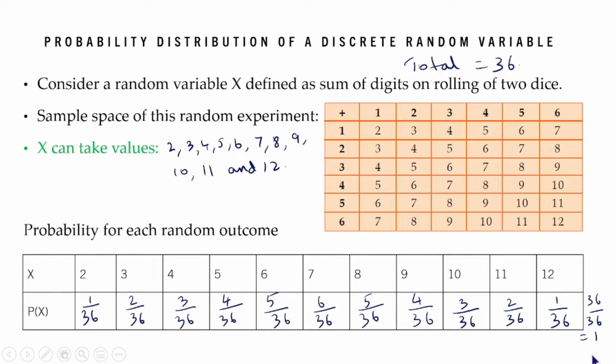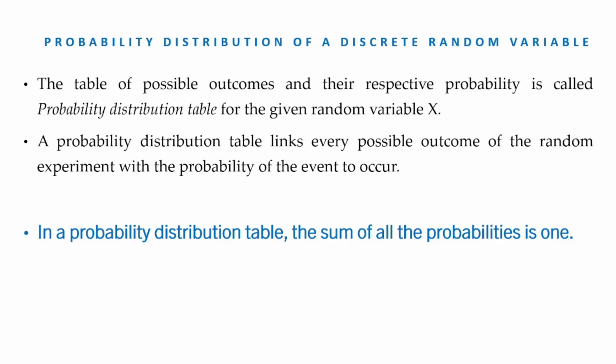This is the most important condition for a probability distribution to be satisfied. If this does not add up to 1, then we cannot say this is a probability distribution table. Here it adds up to 1. So it is a probability distribution table. So whenever we are asked to find whether the given distribution is a probability distribution or not, we have to add the probabilities and check whether it is equal to 1.